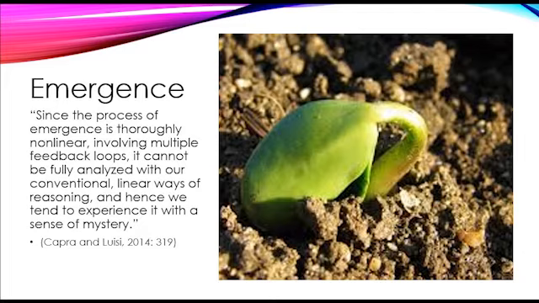Emergence is described as the novel properties that arise when a higher level of complexity is reached by putting together components of lower complexity. These new properties are not present in the parts. They emerge as a result of the relationships and interaction between the parts.